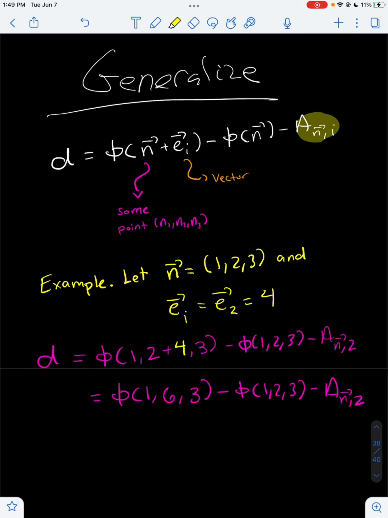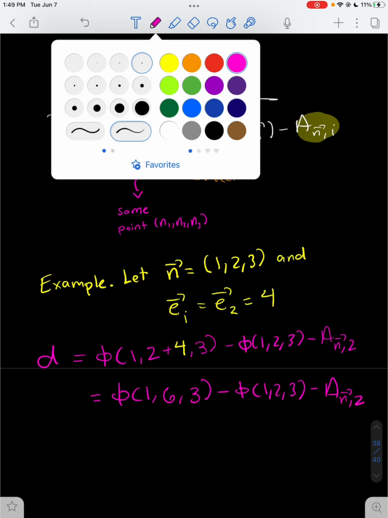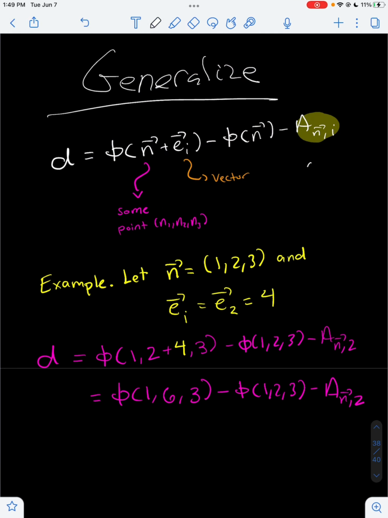So our gauge is now a vector where we have 3 components, a1, a2, and a3. And our gauge is a vector since we now have 3 dimensions. So we can have a gauge in the x direction, a gauge in the y direction, and a gauge in the z direction.